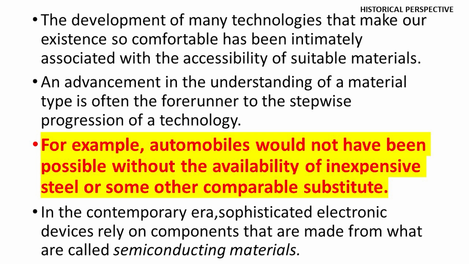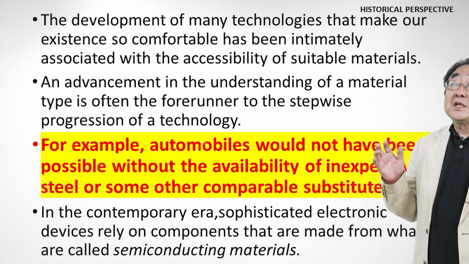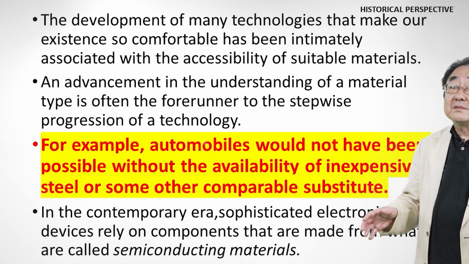For example, automobiles would not have been possible without the availability of inexpensive steel or some other comparable substitute. So when we think about the automobile, very inexpensive steel has a very important role.